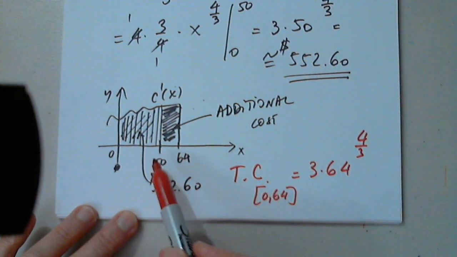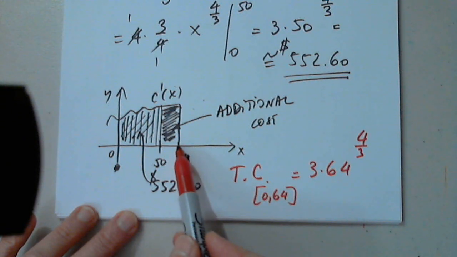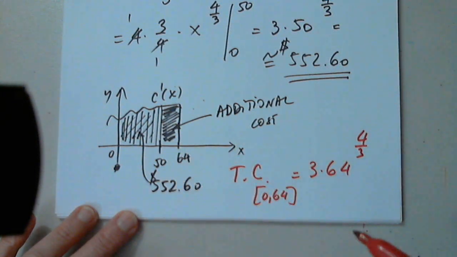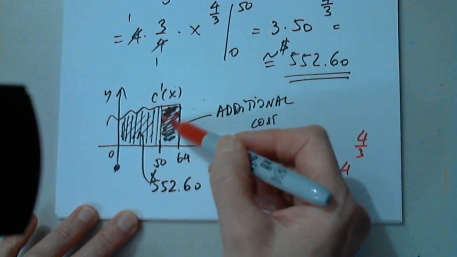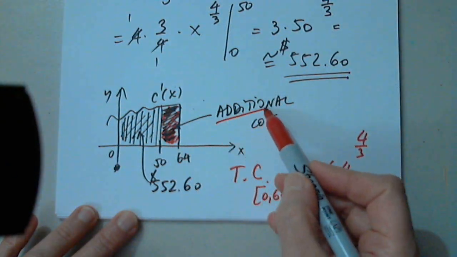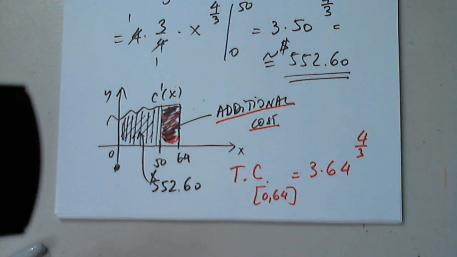Because all I'm changing is the 50, extended it to 64. Once I get this number, I subtract this number to get this number, which is the additional cost for those additional 14 square feet. So I'll plug this in and subtract that. Let me know if what I just showed is clear.